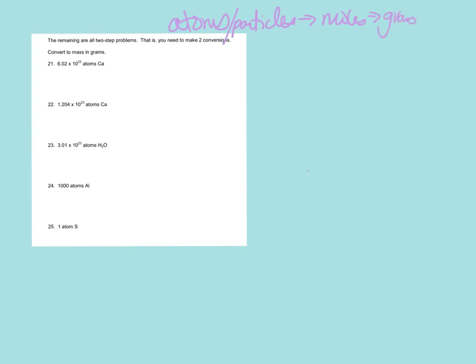So moles is always the in-between step that allows you to get from one type of counting to another. In this case, we're starting with atoms or particles, so the first conversion you'll need to do is from atoms or particles to moles. So you have your given, and then 1 mole is always 6.02 times 10 to the 23rd atoms.